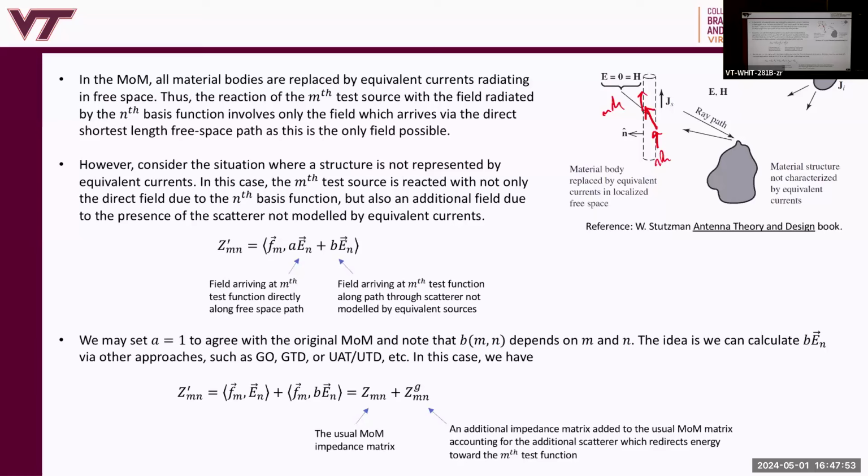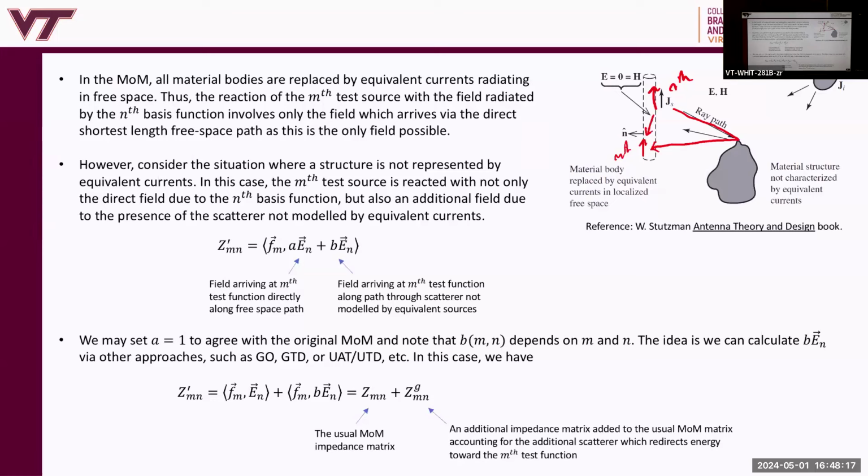Here would be the nth, and here the mth, and this radiates directly, but it also reflects off of some other object and goes here. So there are two fields arriving at the test function.